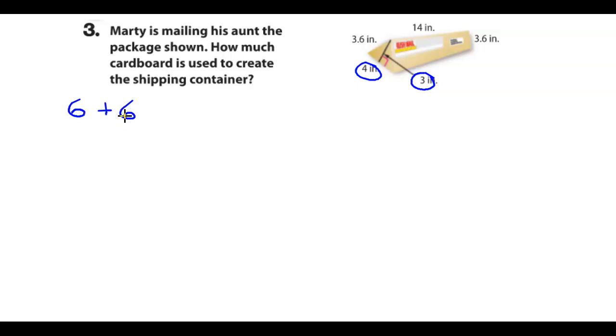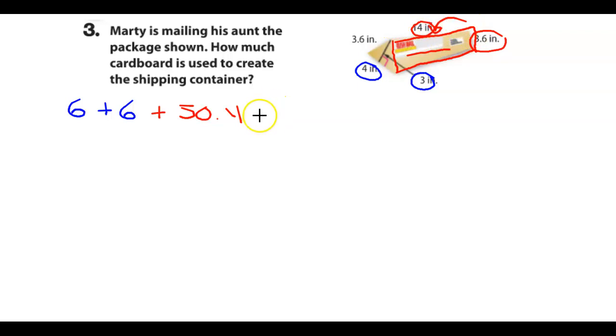All right, the next thing I'm going to do is add in this side here. We can see that that is going to be 3.6 times 14. So 3.6 times 14 is going to give me 50.4. Now I have that 50.4 on the front, and then I also have it right behind it, on the back.